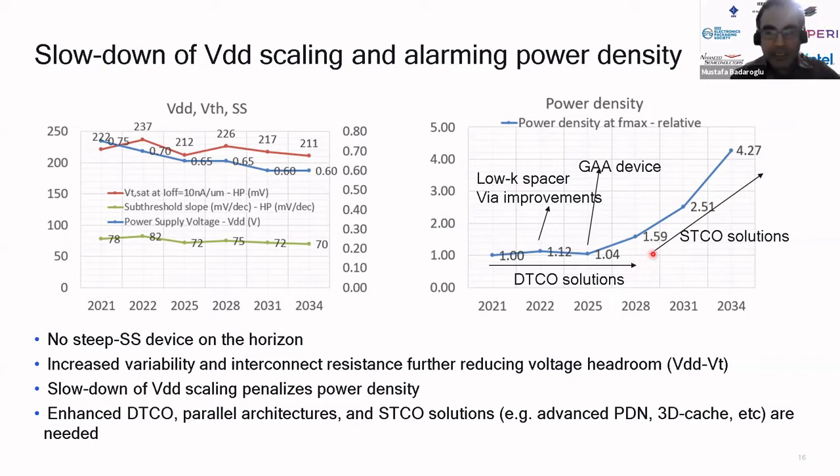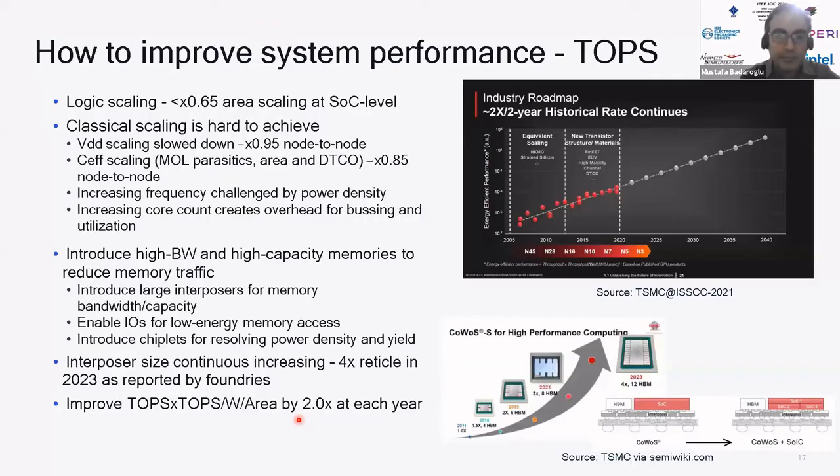So integrated voltage regulators or 3D power distribution network will be the savior, especially for this. So development of parallelism and parallel architectures are extreme requirements to take advantage of this.